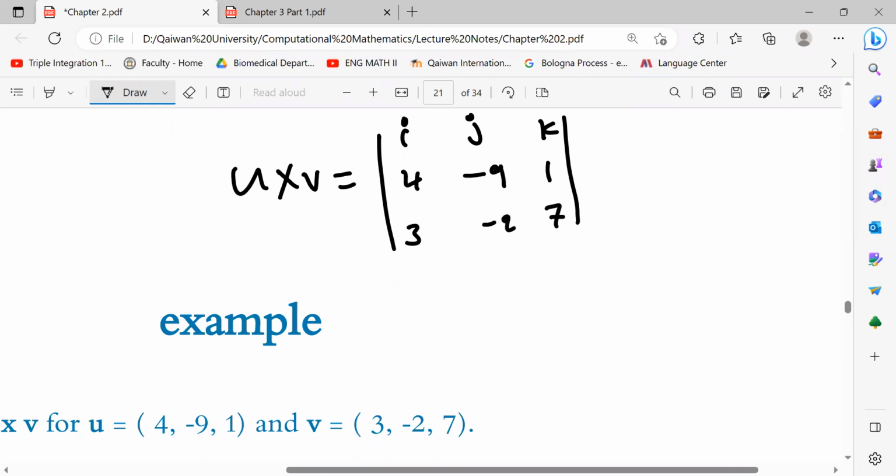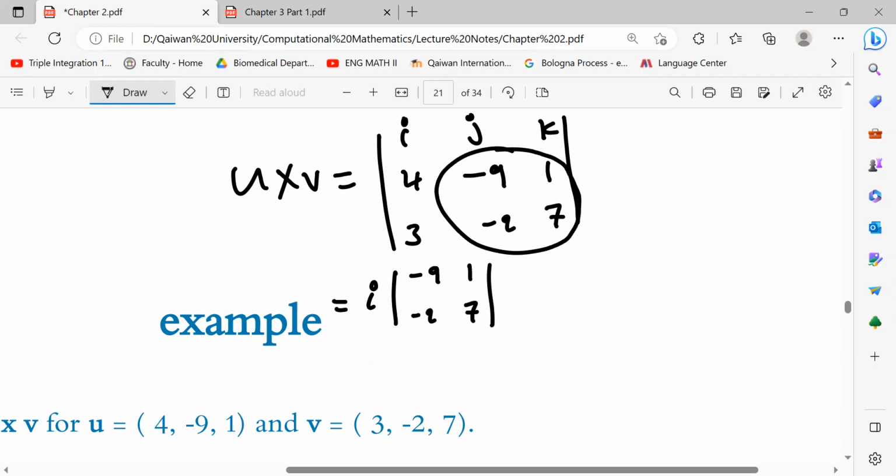What's this cross product? It equals i times the determinant of 4, minus 9, 1... it's U2, U3, and V2, V3. It's the rule that we have written above. Then minus j. In j, we remove row 1 and column 2.